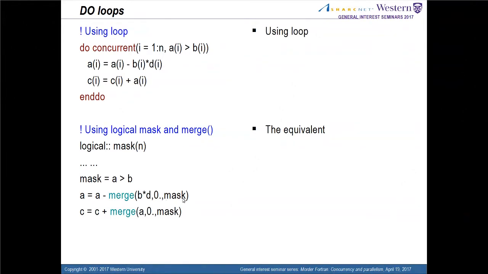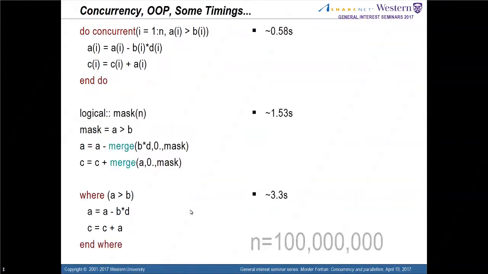If the mask is true, then we do the first operation. Otherwise, we perform the second operation. This is what the function merge does.